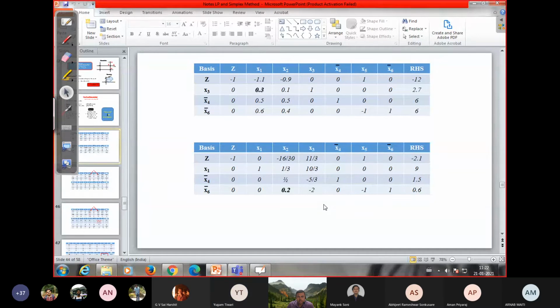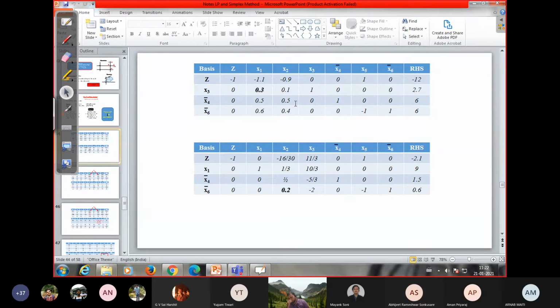Say this is phase 1, right? Are you seeing this or not? So, the first table. Here you tell me which one will enter the basis for the first table. How do you choose that?